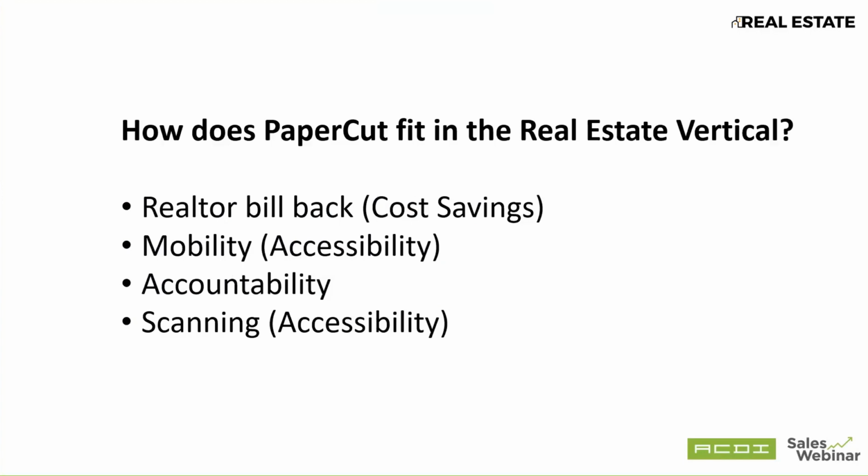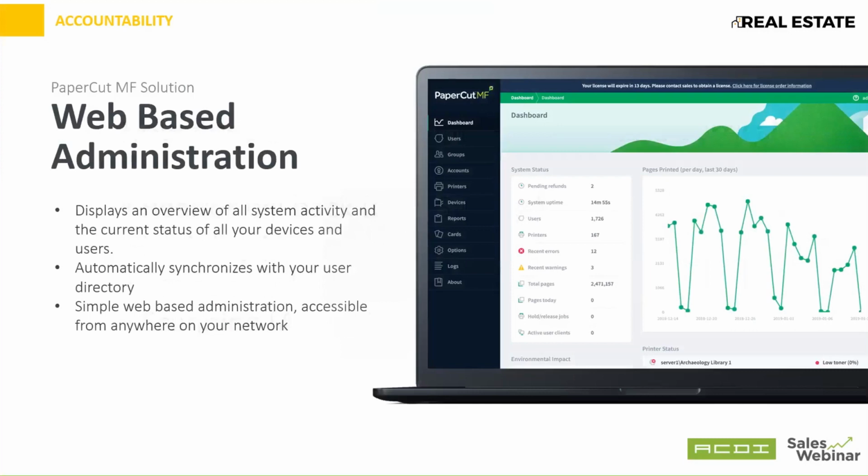They might even have a headquarters where they need to better manage their printing and copying for their employees, not just their 1099 licensed agents. Scanning falls under the accessibility as well, and we're going to talk about another 19.0 update with scanning here in just a few moments. But let's get into PaperCut, and let's talk about how this applies to the real estate industry. Well, I mentioned it just a few moments ago, and the pain point is up in the left of the screen, by the way.